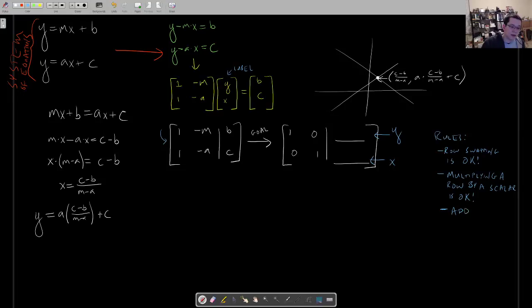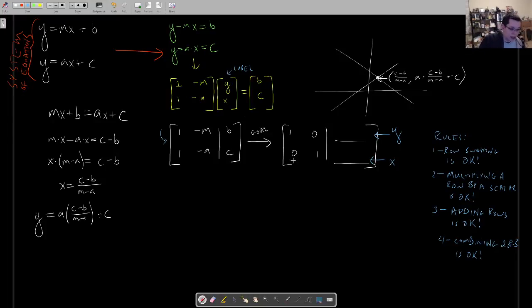Adding rows is okay. And lastly, combining 2 and 3 is okay. Besides that, we shouldn't need to do anything.